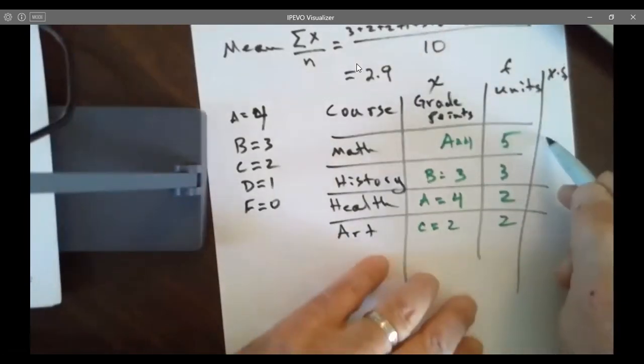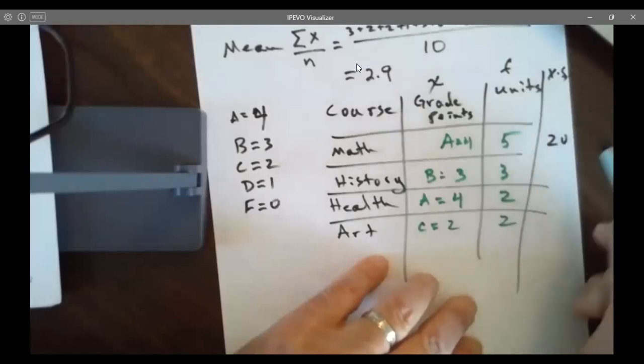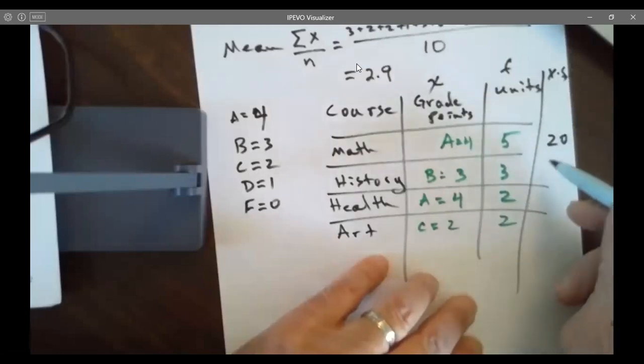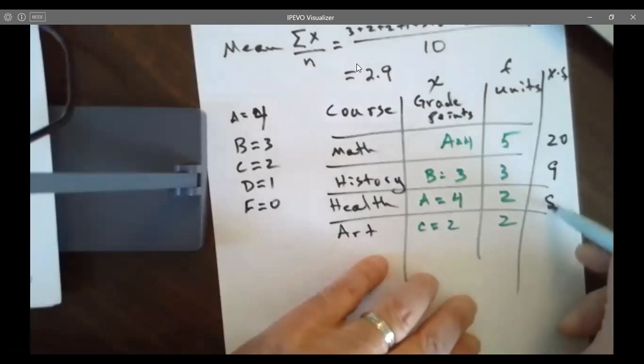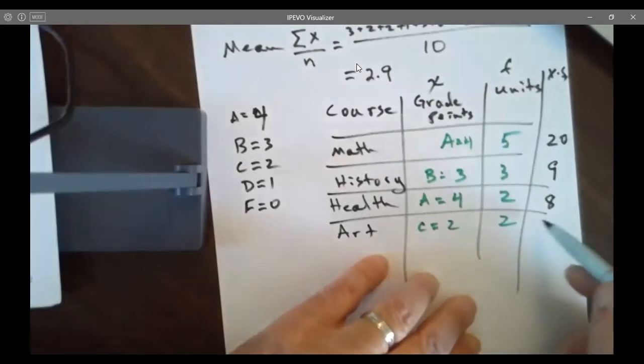So 4 times 5 is 20. 3 times 3, that would be 9. 4 times 2, that would be 8. And 2 times 2, that would be 4.